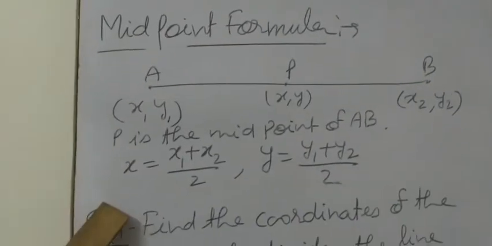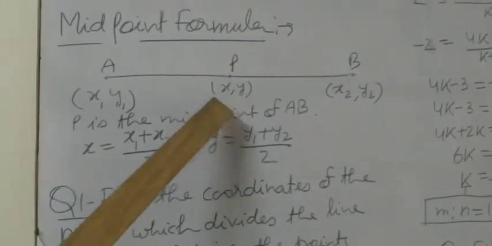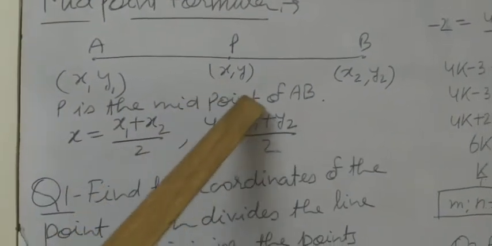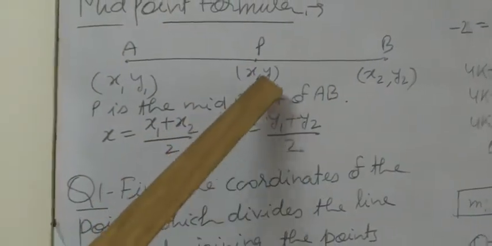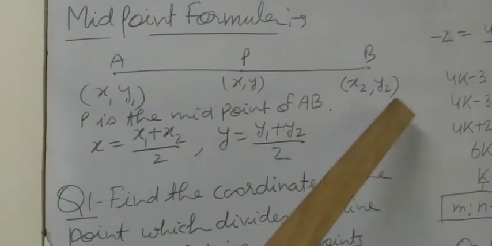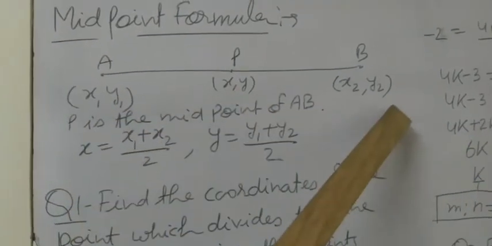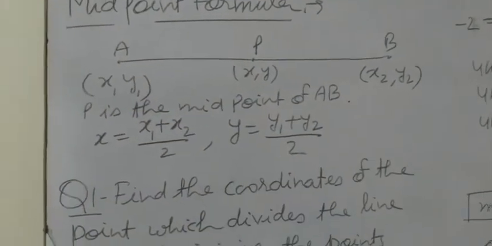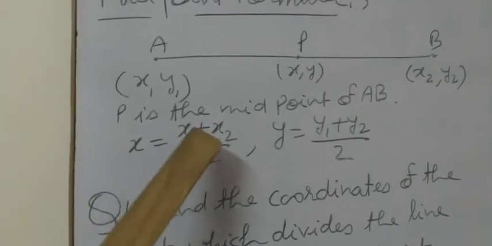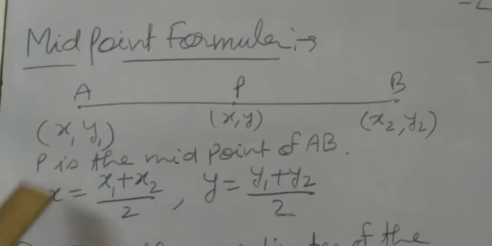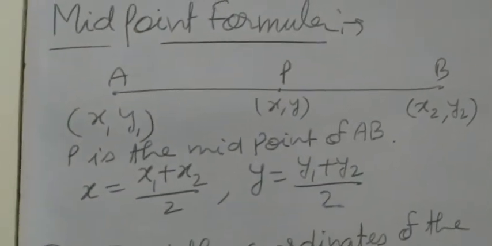So in the midpoint formula, the coordinates of the midpoint are x equals x1 plus x2 upon 2 and y equals y1 plus y2 upon 2. This is the midpoint formula.